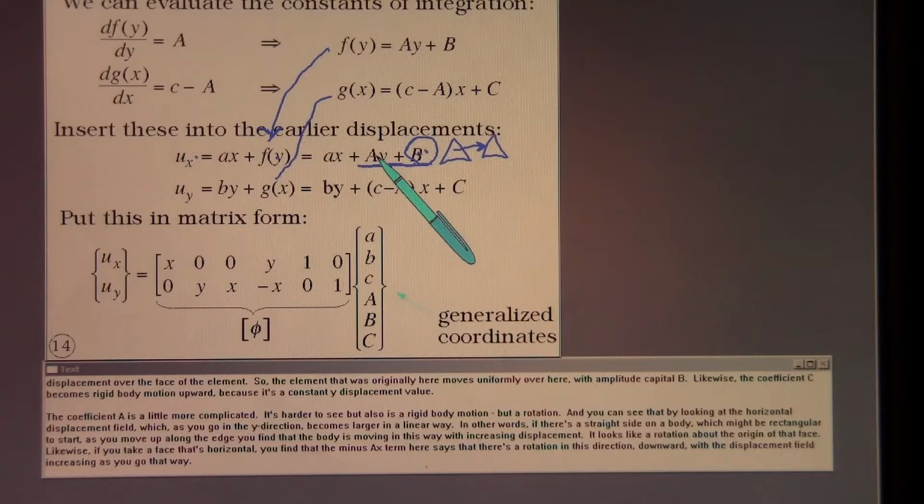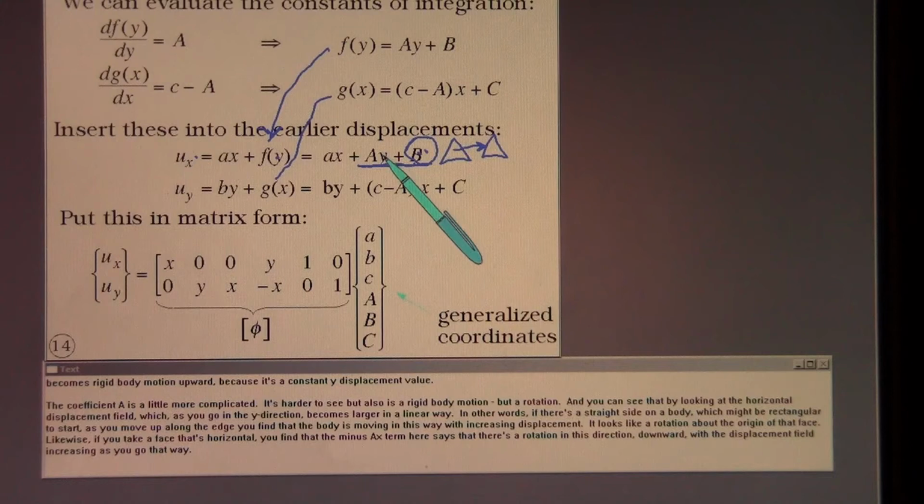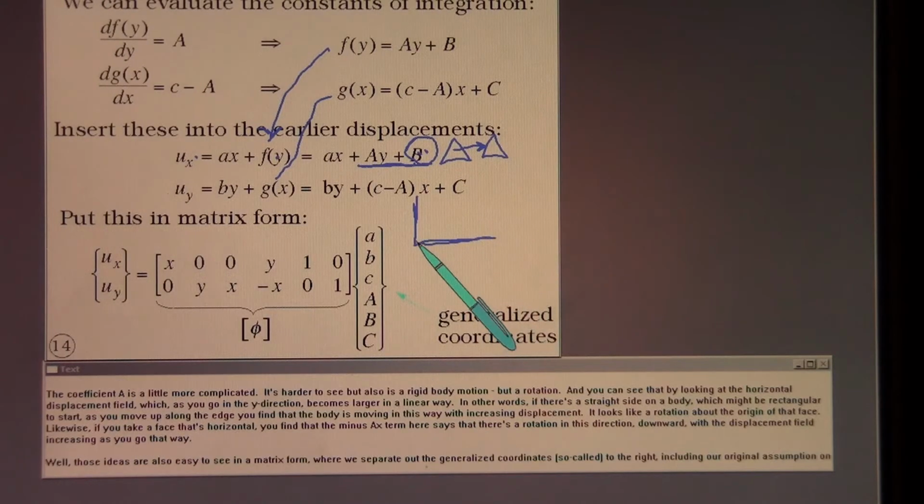The coefficient A, capital A, is a little more complicated. It's harder to see, but also is a rigid body motion, but a rotation. You can see that by looking at the horizontal displacement field, which as you go in the y direction becomes larger in a linear way. In other words, if there's a straight side on a body, which might be rectangular to start, and as you move up along the edge, you find that the body is moving in this way with increasing displacement.